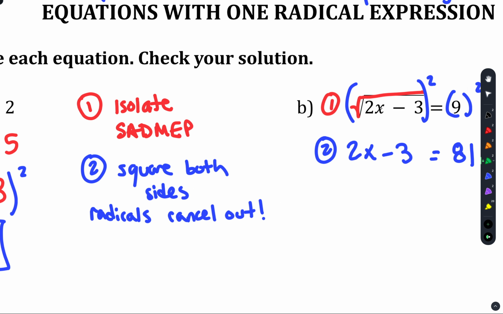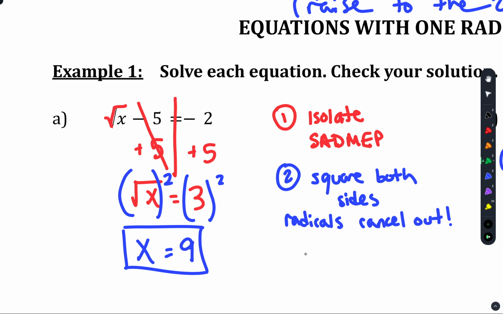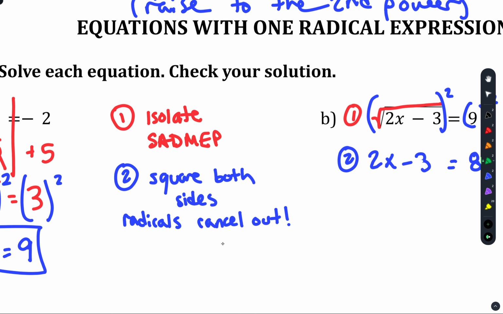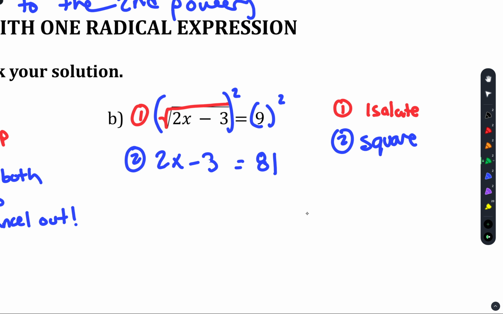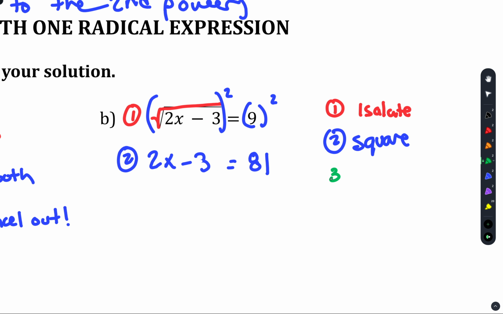Sometimes we get a nice easy problem like we did in letter A, where we do the squaring and we already get our answer, x equals 9. However, I don't know what x equals yet. So my third step is going to be isolate the variable.